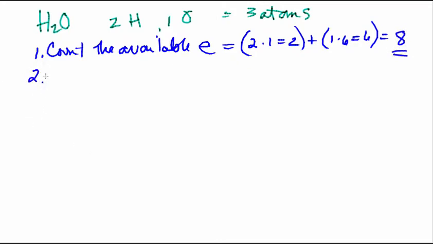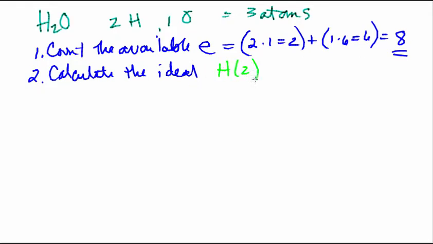Number 2, I'm going to calculate the ideal number of electrons. And in this case, hydrogen each wants 2, oxygen wants 8. There are 2 hydrogens, so I would need 4 plus 8. I would need 12, ideally 12 electrons.